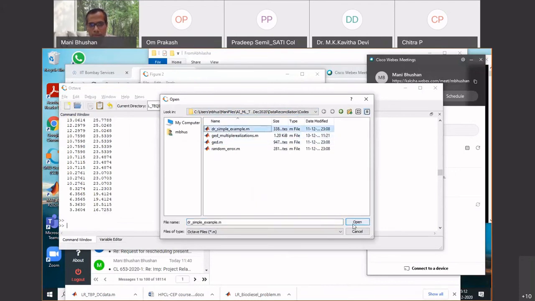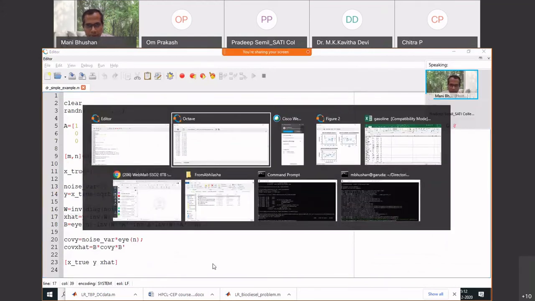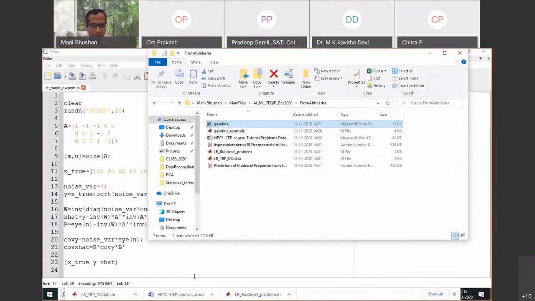This is a basic data reconciliation code. I showed that in the morning today.